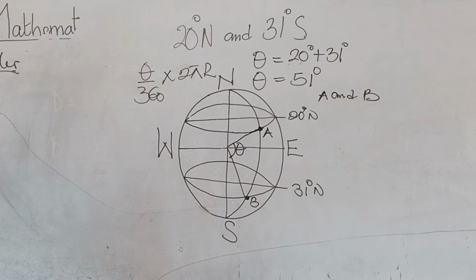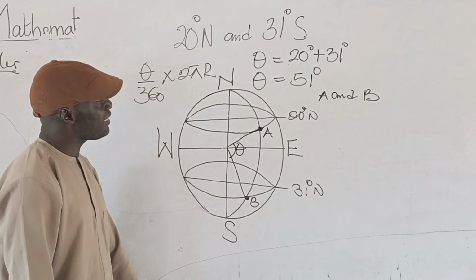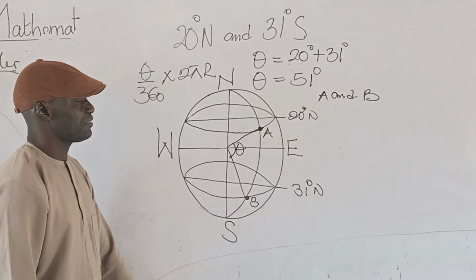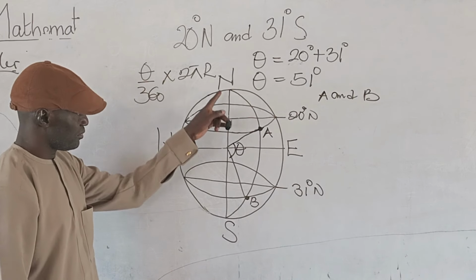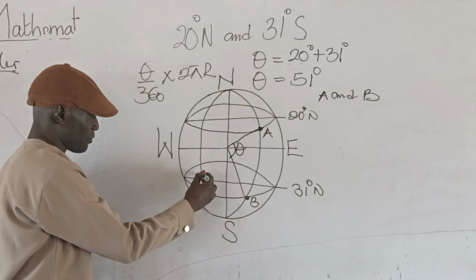Let me quickly repeat the question. The question says two towns A and B have the same longitude, and we can complete this as a full circle as well.